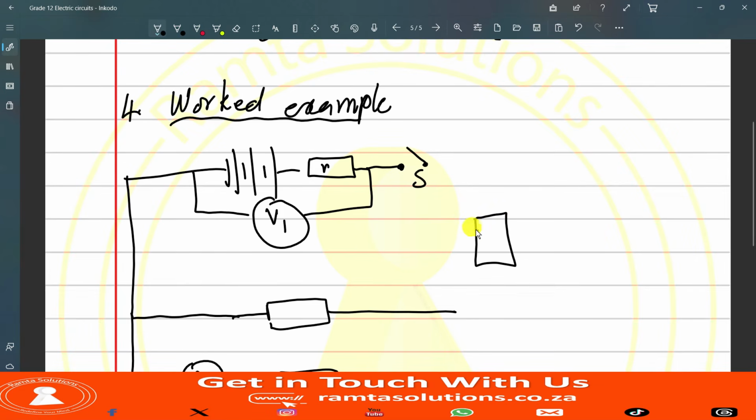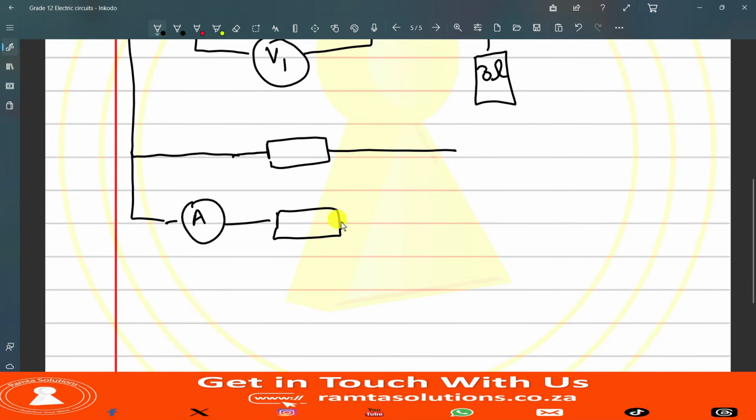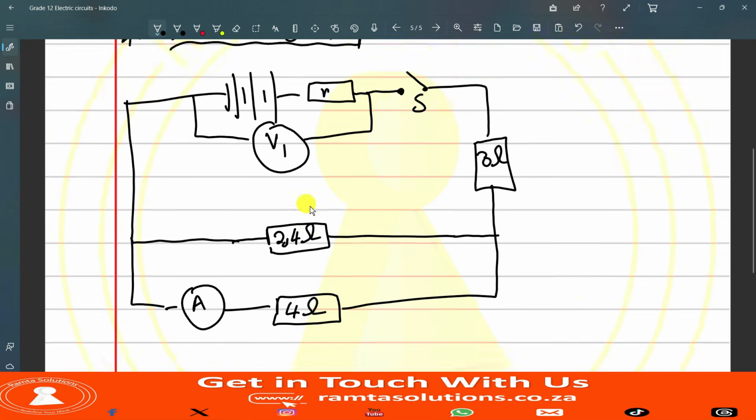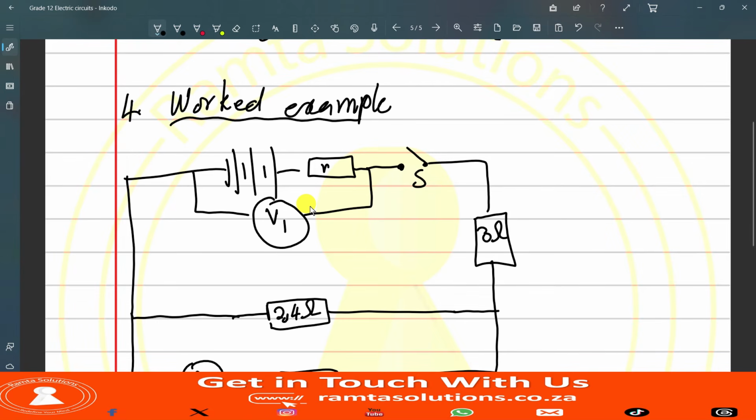This resistor is 3 ohms. This one here has a resistance of 2,4 ohms, whereas this one here is 4 ohms.